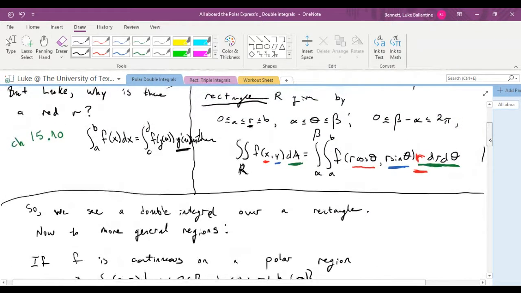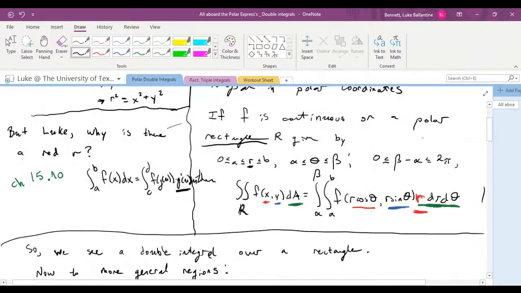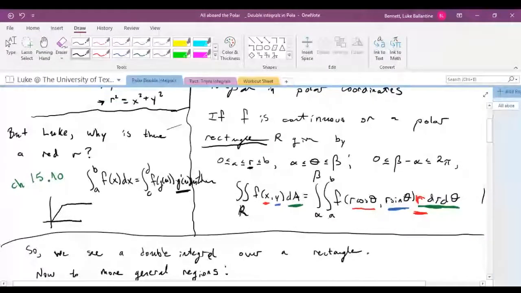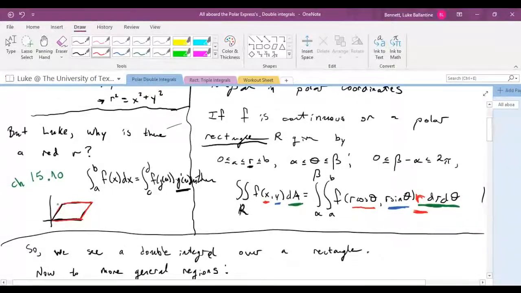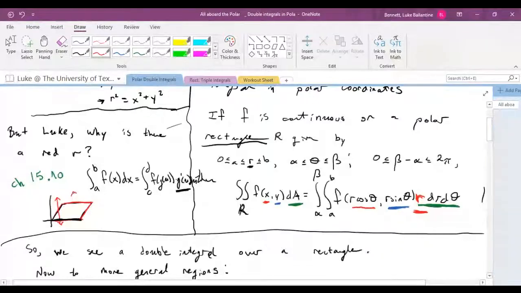But hopefully we get to that in this class, because you could do some really crazy things with it. You could have a region in R2 you're integrating over that is neither type 1 nor type 2. Look at this region. If I try to do vertical cross sections, I get a different roof over here and a different floor over here.